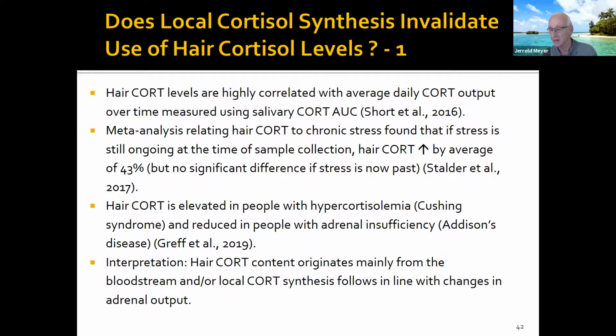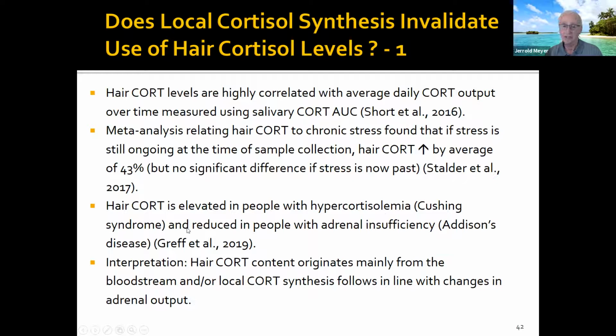Again, consistent with the idea that an increase in adrenal cortisol manifested in the blood is reflected in hair cortisol. Maybe even better, hair cortisol is elevated in people with hypercortisolemia, which means elevated cortisol in the blood.